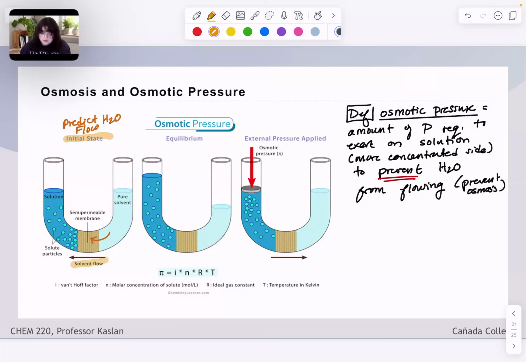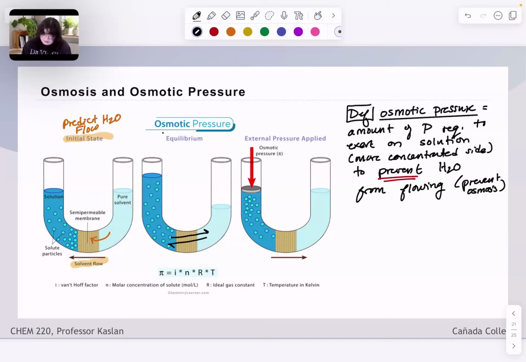And it will do so until we have reached what's called an equilibrium state, meaning there's an equal exchange of water molecules or solvent particles across the membrane, because we've now achieved our desired dilution across that membrane.